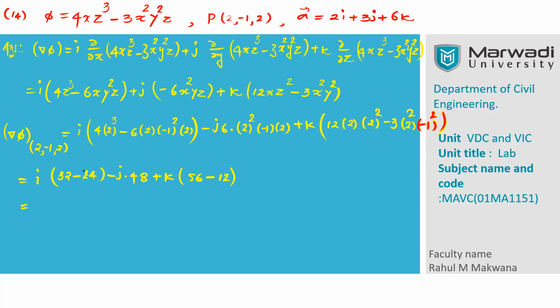So we have 8i, 48j, and here I'll get 44k.